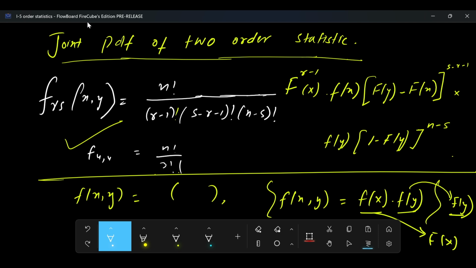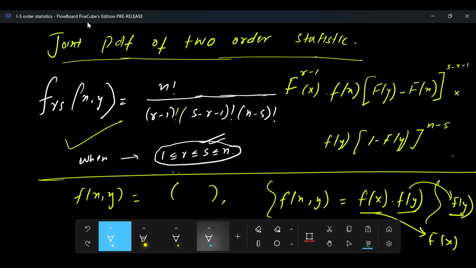Yes, the limitation is that you only apply this when r is greater than or equal to 1, less than or equal to s, less than or equal to n. So this is valid only when this inequality holds for this joint PDF.